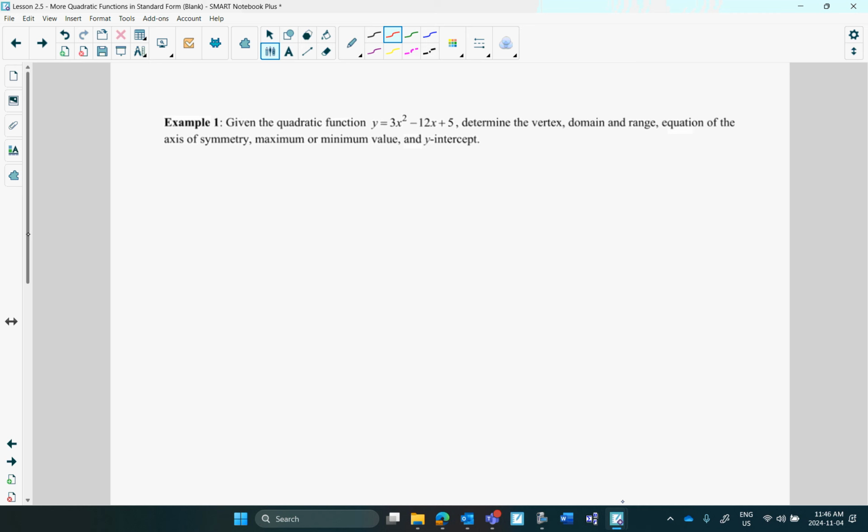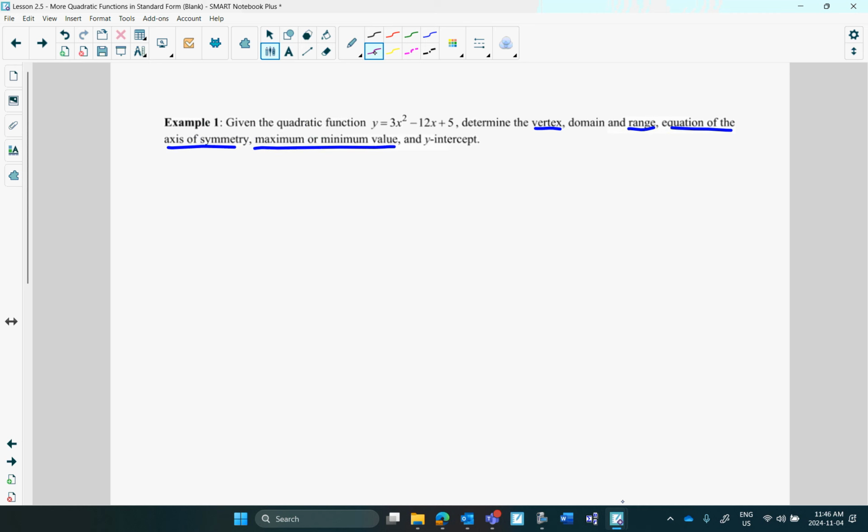Well, actually, all of these come from the vertex. I can find the domain without the vertex. It's everything. I can find the y-intercept without the vertex. I just plug in 0. But all of these other things come from the vertex. Okay? So the vertex is really important.